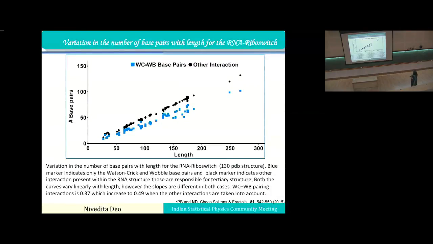And we notice that if you just have the Watson-Crick and the wobble base pairing only, the slope is about 0.37, and if you consider other interactions, it becomes, of course, 0.49.